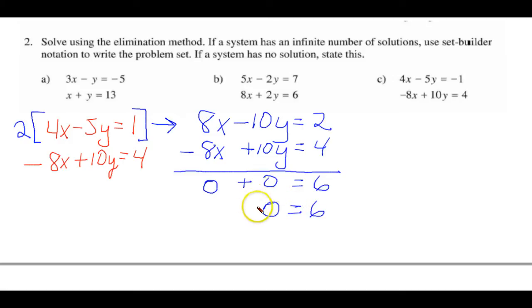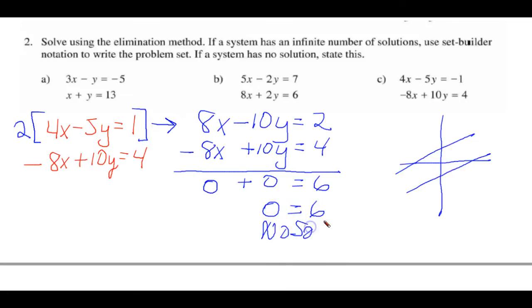Is that a true statement? No. So what we have here are two equations that are parallel, so we're not going to have any solutions. So when we do what we need to do and we end up with an untrue statement, this is no solution. And that's the proof of it.